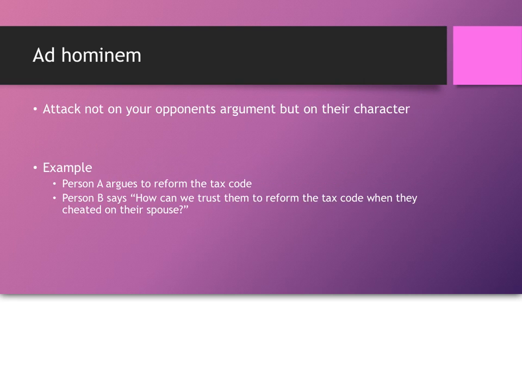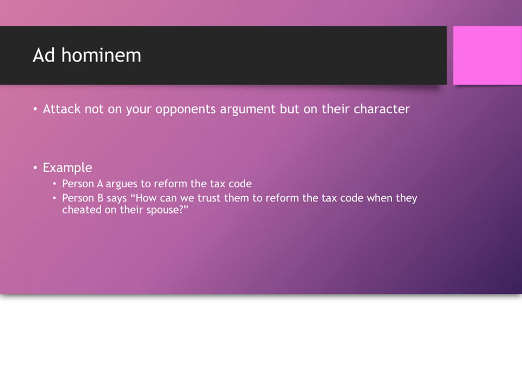Now, the second type of argument that you may hear that's a logical fallacy is called an ad hominem. This isn't where you attack the person's argument. This is where you attack the person's character. So maybe a person says that they think it's a good thing to reform the tax code.